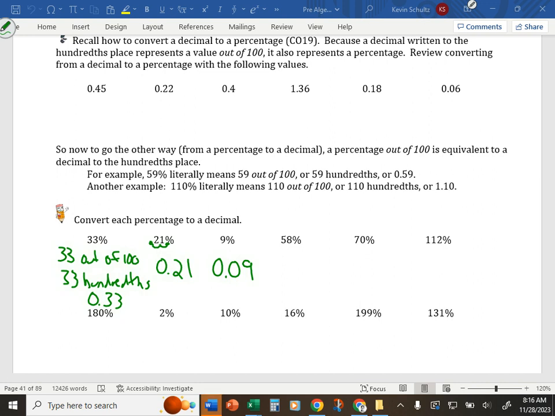Okay, 9 out of 100? 9 hundredths. 9%, move that decimal over to the left 2 spots, 0.09. Think of 9 pennies: you have 9 out of 100 pennies, 9%, 9 cents.